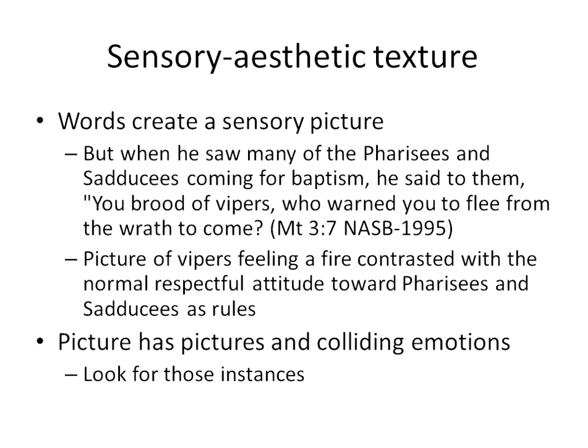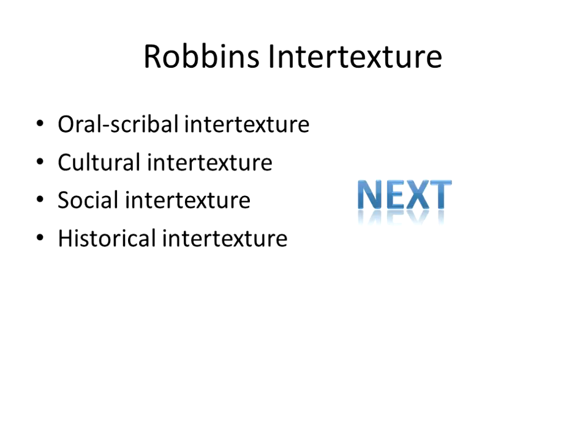You picture vipers fleeing a fire, and that contrasts with the normal respectful attitude toward the Pharisees and Sadducees as rulers. This picture has pictures within it that are in the mind's eye and colliding emotions. Look for the same sort of thing in your text.